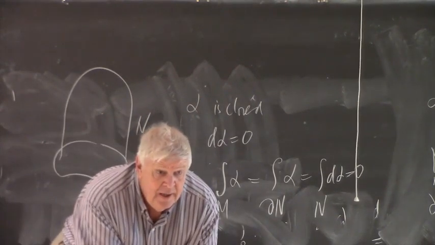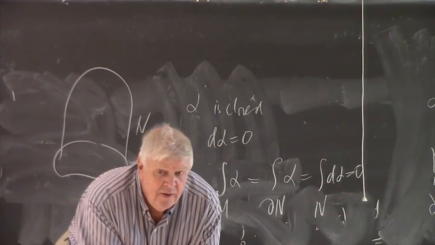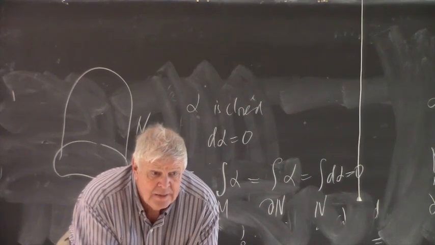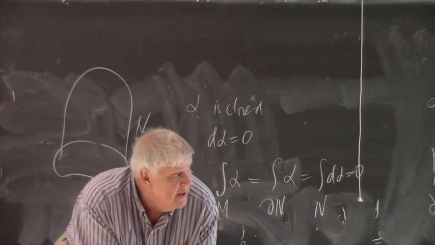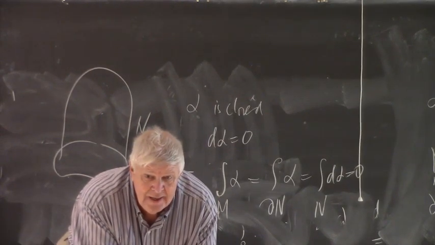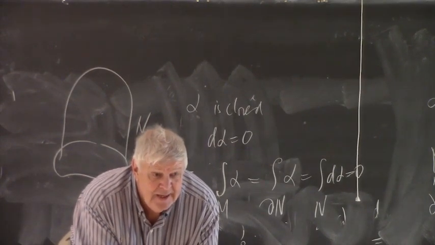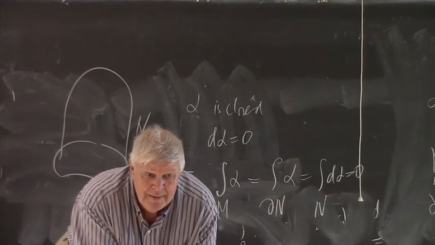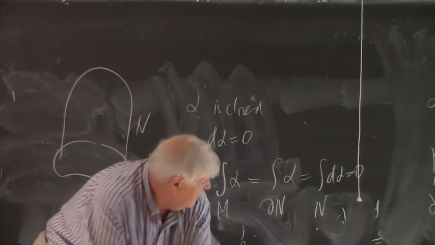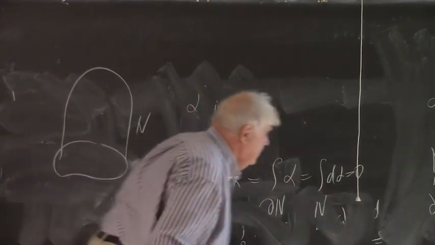For example, if you have, say, a smooth, closed, non-self-intersecting curve in the plane, understand? Then it bounds some two-dimensional manifold with boundary. So this is my example.